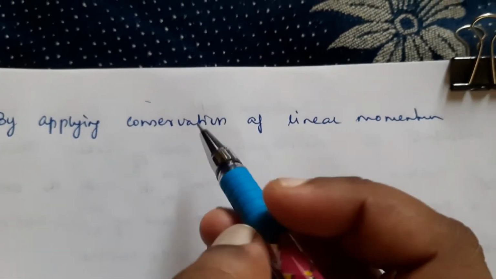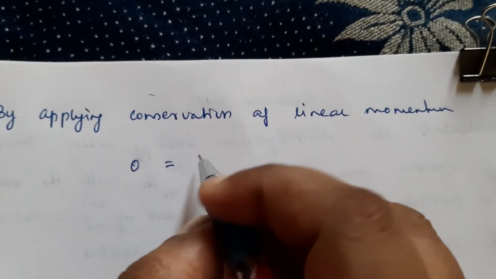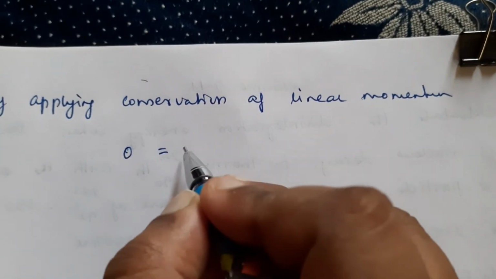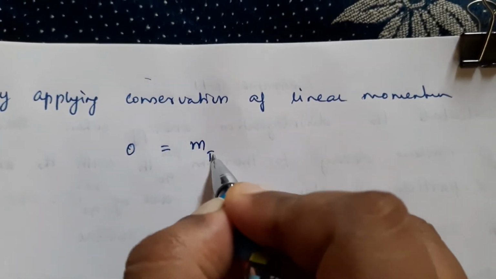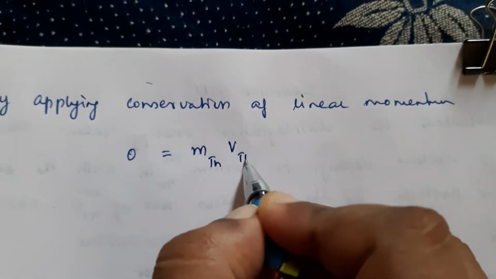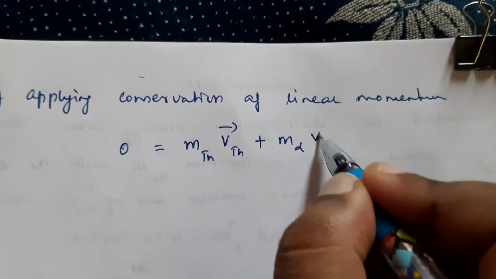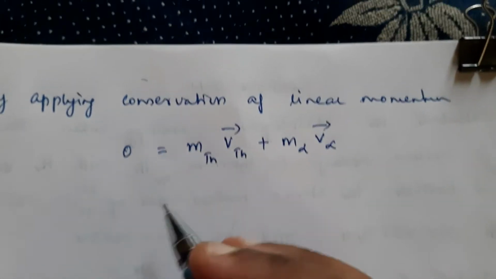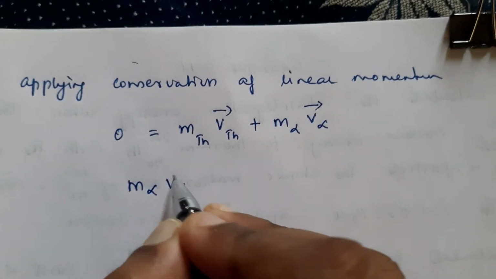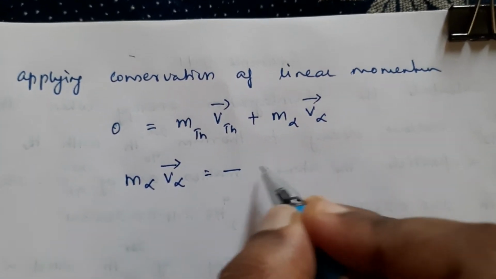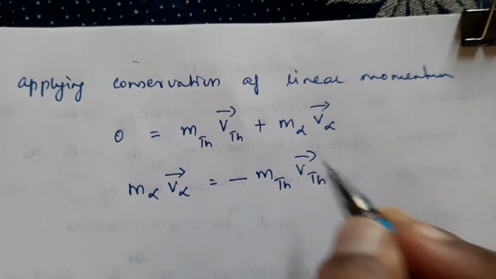Now by applying the law of conservation of linear momentum, the momentum before decay is 0, so 0 is equal to the momentum after decay. The momentum after decay is due to thorium and helium. So it is mass of thorium into velocity of thorium plus mass of alpha particle into velocity of alpha particle. This can be written as mass of alpha particle into velocity of alpha particle is equal to minus mass of thorium into velocity of thorium.